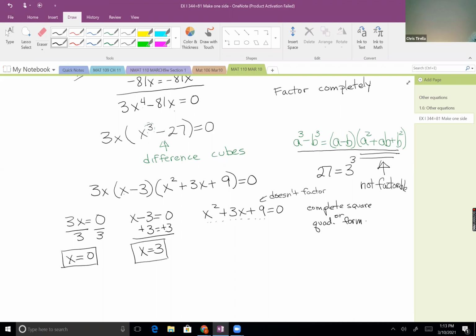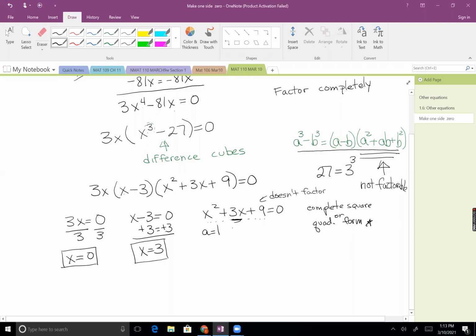Complete the square. Sure. I was going to say that honestly, because this middle term is odd, when I divide it by 2, I'm going to get fractions. So usually if the middle term is odd, I gravitate towards using the quadratic formula, unless you really like fractions. Are you all right if we use the quadratic formula?